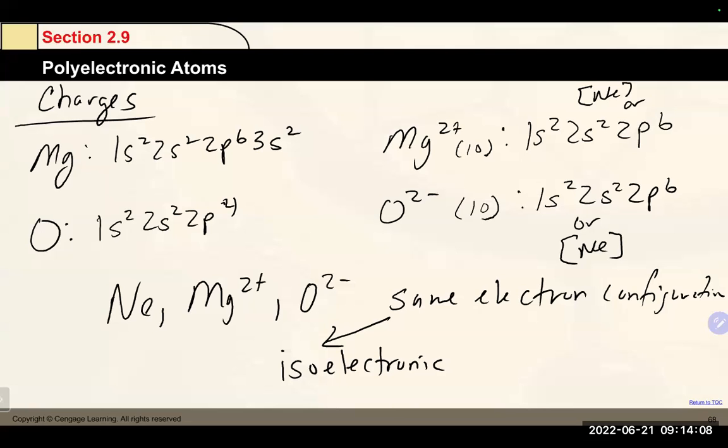Oxygen, by gaining 2 electrons, ends up at neon, which is the noble gas that comes after it. Magnesium, by losing 2 electrons, becomes neon by going backwards to the noble gas there. That is basically the basis of all bonding: for everybody to end up with the same electron configuration as a noble gas.